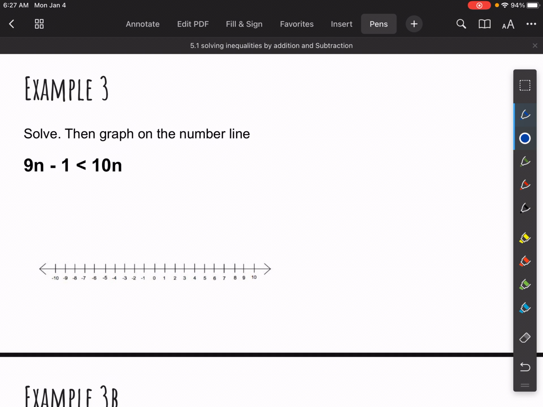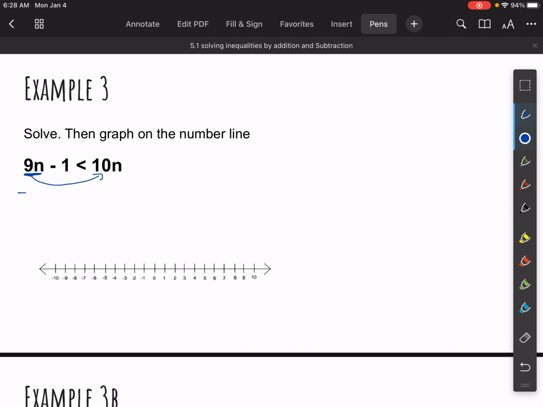So what we want is we want all of our variables on one side, right? And then we want to get the variable by itself. So here's what I'm going to do. I'm going to move the n's to one side. Instead of getting rid of everything on the right side of this thing, I'm going to move the 9n over. To do that, I'm going to subtract it, because right now, I don't want to separate these two things.